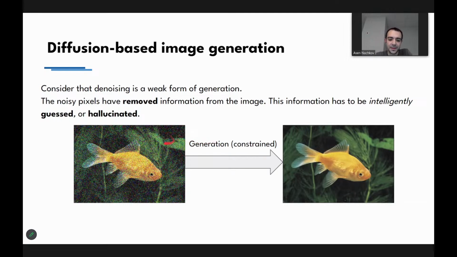If you select one of these green pixels, you don't really know what the actual pixel value should be. Of course, you can make a very intelligent guess based on the surroundings, based on prior knowledge from a dataset and so on, but you don't really know what the value should be. So you can see that even this kind of denoising can be thought of as generation, although very constrained.